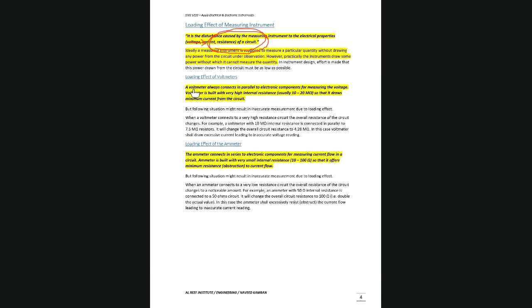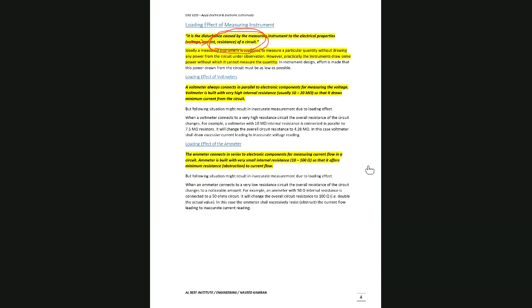So the loading effect of a multimeter. It says a voltmeter always connects in parallel to an electronic component for measuring the voltage. Voltmeter is built with a very high internal resistance.